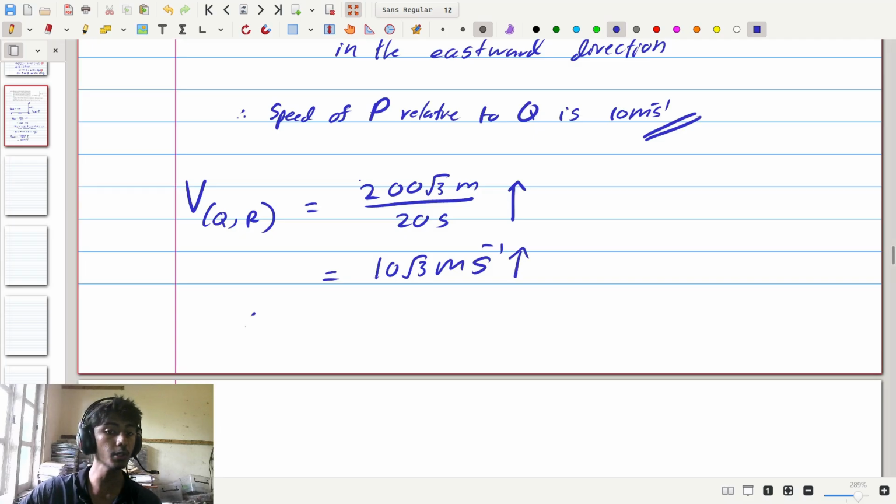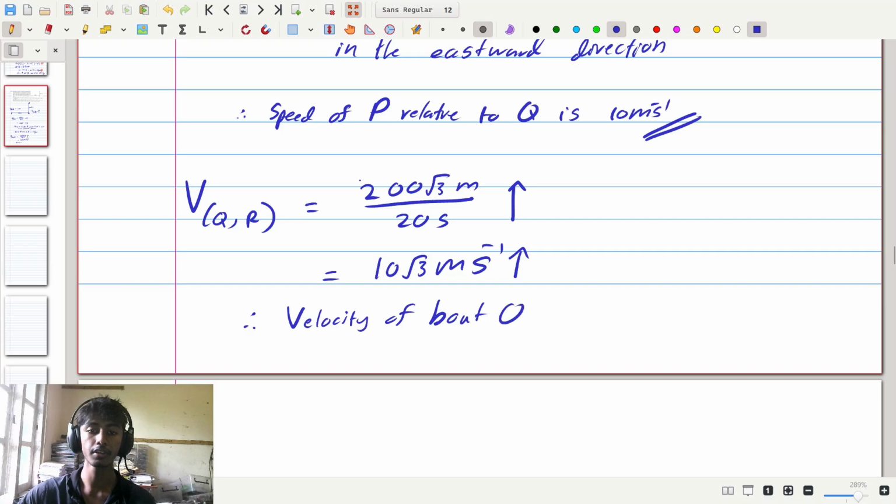And we can conclude from that the velocity of Q relative to R is 10 root 3 meters per second in the northward direction.